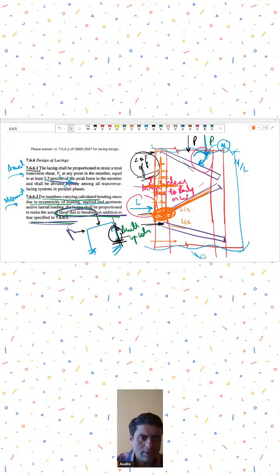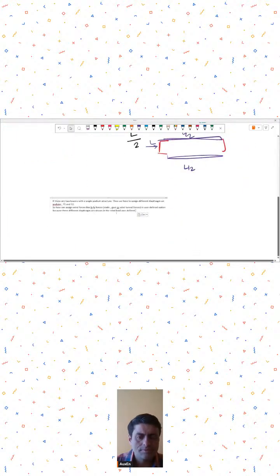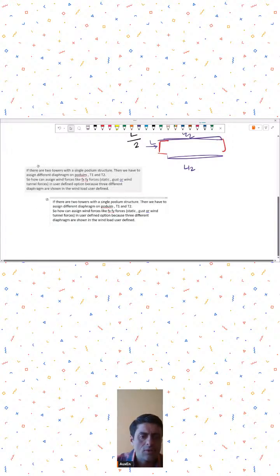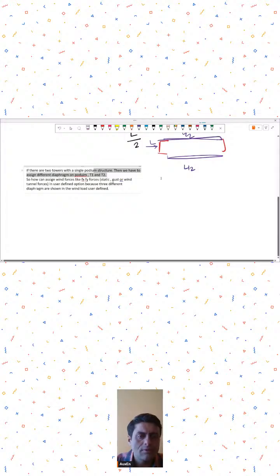He is asking: if there are two towers with a single podium structure, then we have to assign different diaphragms on podium, T1, T2. So how can we assign wind forces, Fx, Fy forces, static, gust, or wind tunnel forces in the user-defined option? Because three diaphragms are shown in the wind load user defined.